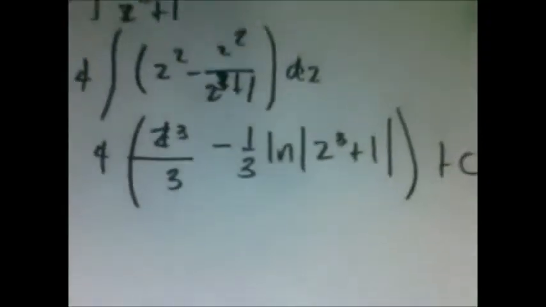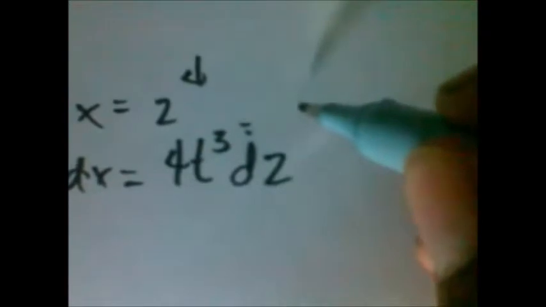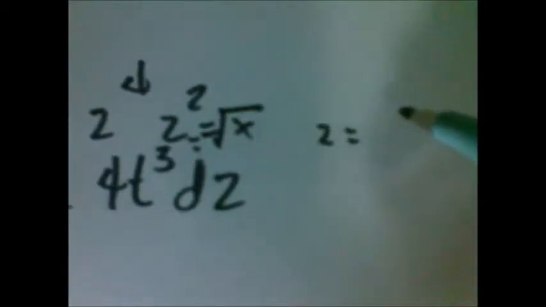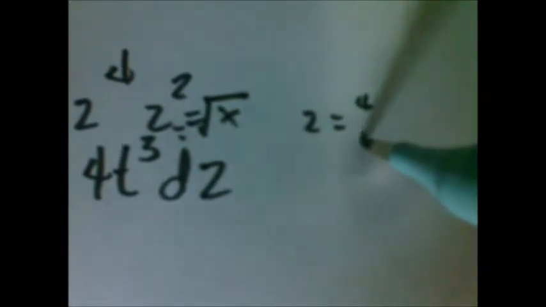And after integrating it, we'll have 4 times z raised to 3 over 3 minus 1/3 z raised to 3 plus 1. When z is equal to 2, we have the square root of x. When z, we have the 4th root of x.